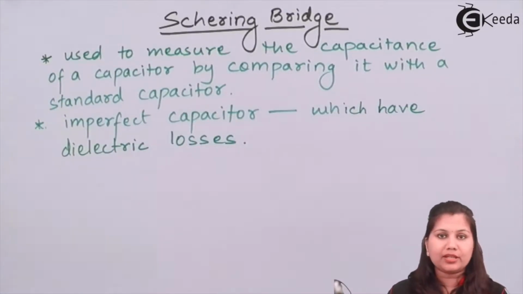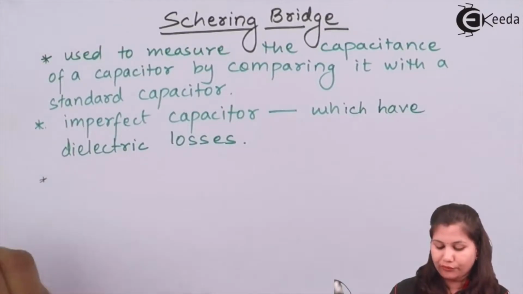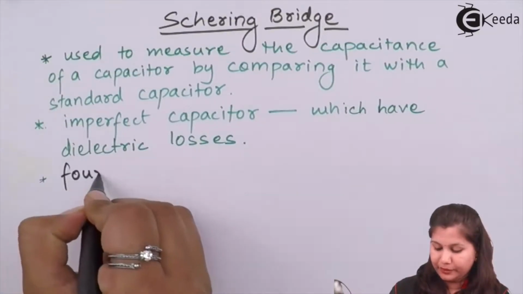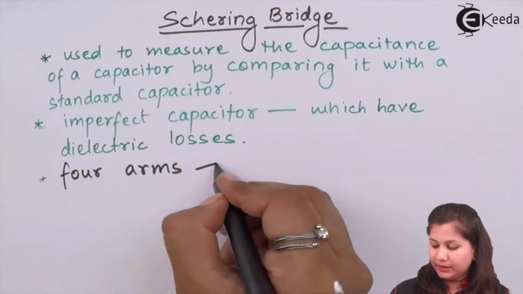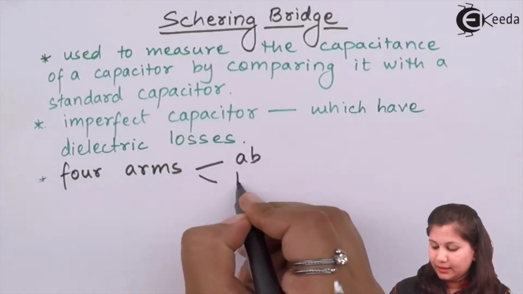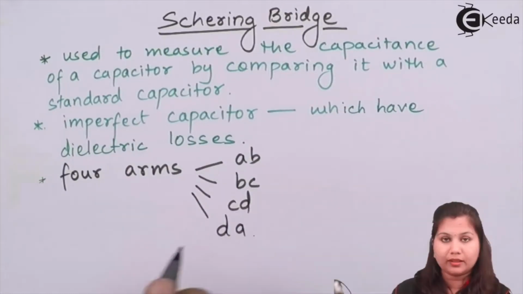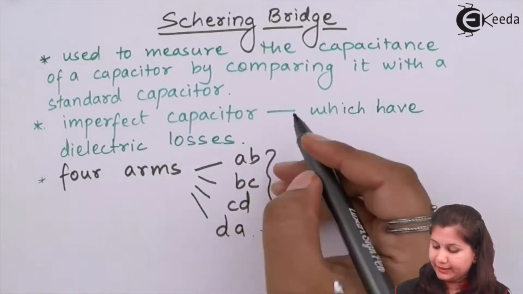Now Schering bridge is a type of an alternating current bridge. So it will consist of 4 arms. The bridge network always consists of the 4 arms AB, BC, CD and DA. In these 4 arms, we are having the 4 impedances.